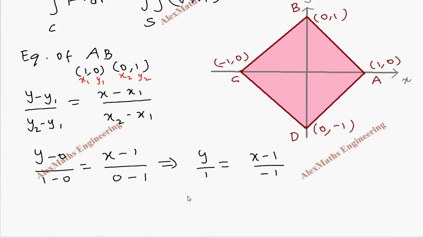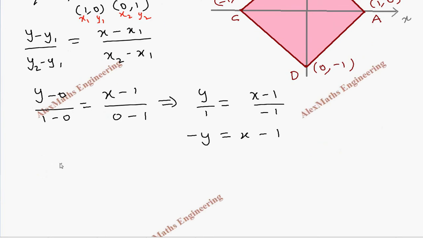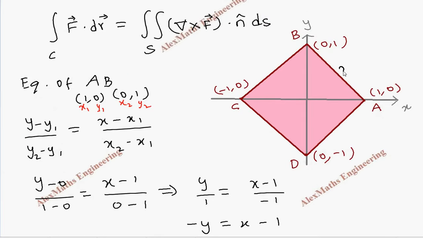After cross multiplication we get minus y equal to x minus 1. From this, x plus y equal to 1. So this is our equation, x plus y equal to 1.